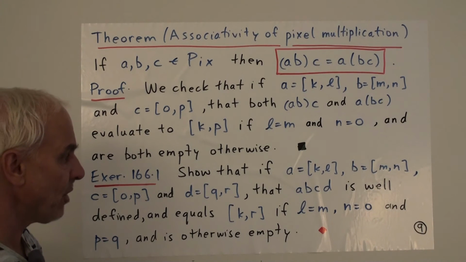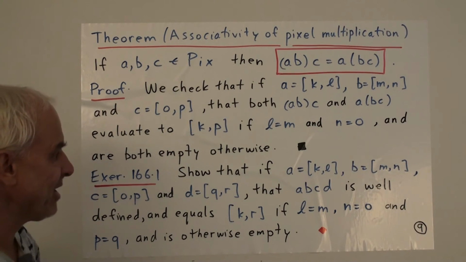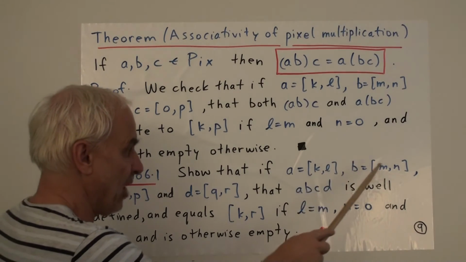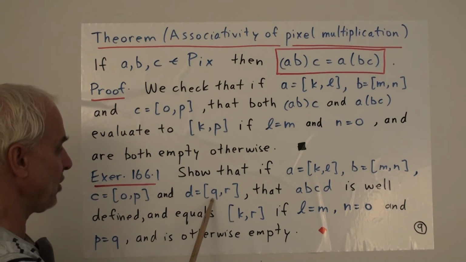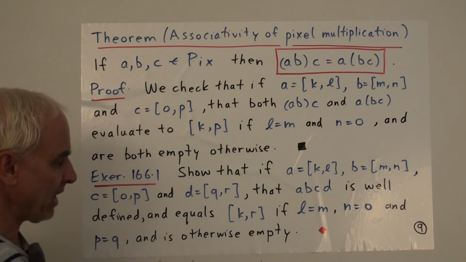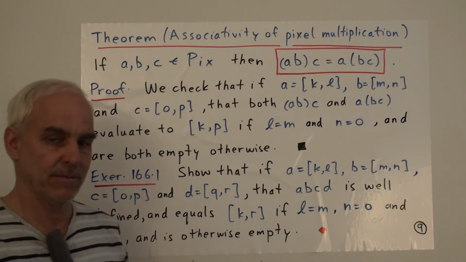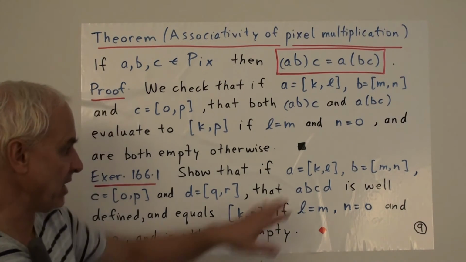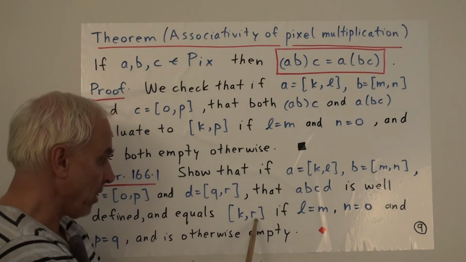You might like to ponder what happens if we have more than 3 pixels. Suppose we have A, which is KL, B, which is MN, C, which is OP, and another one, D, which is QR. You might like to show that then ABCD is well defined. Again, that associativity implies that we don't need to worry about where the brackets go. And it equals KR.